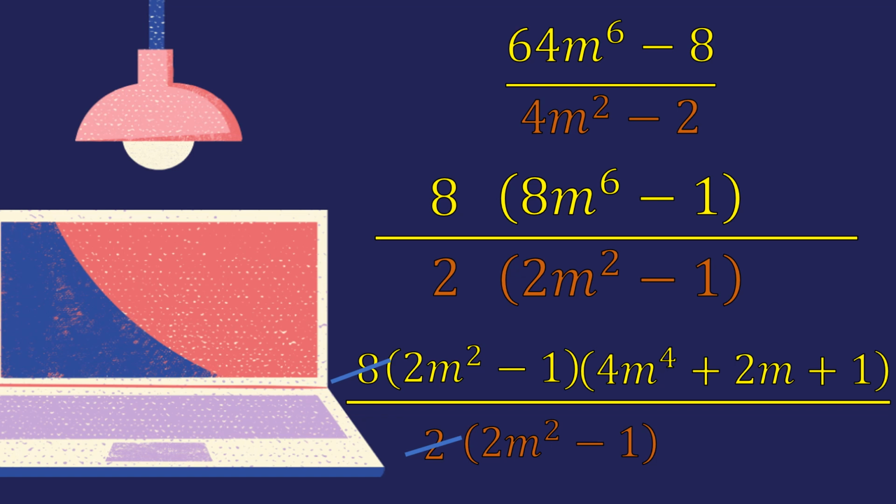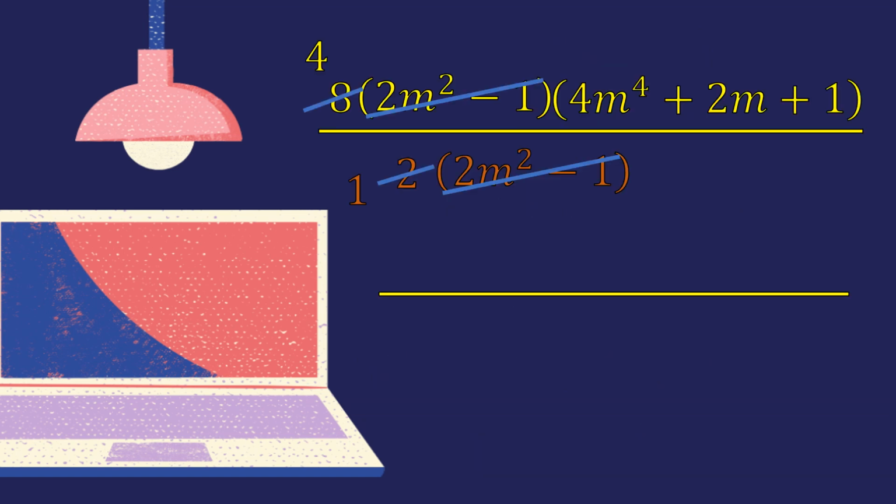We can also cancel 2m squared minus 1. What remains in our numerator are 4 and 4m raised to 4 plus 2m plus 1, while in our denominator we have 1. Now let's distribute 4 to our trinomial.